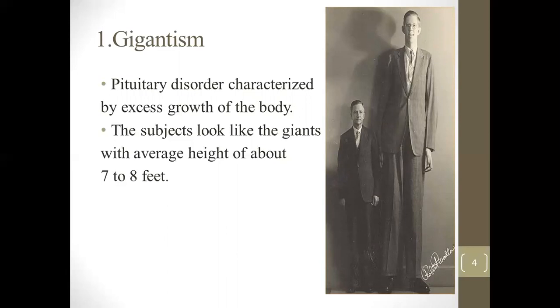The subjects look like giants with an average height of about 7 to 8 feet. So in this disease, the height of the body increases up to 7 to 8 feet, and excessive growth of the body is present.